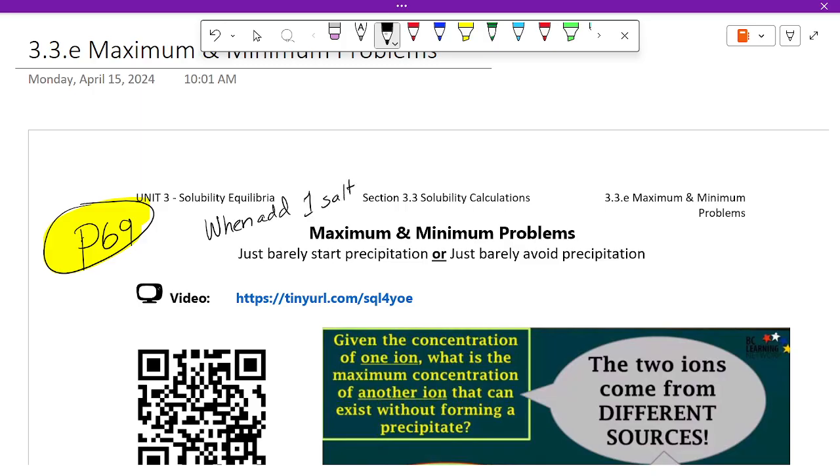When adding one salt to a solution of a different salt, often we'll be adding like a solid in, which means we don't have a volume change.